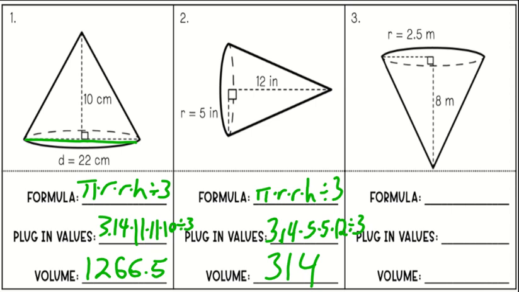Eric? Say it again. Yeah, I wasn't sure if you said height the first time. So we got pi times radius times height divided by 3. All right, who can give me the values plugged in? Aubrey?